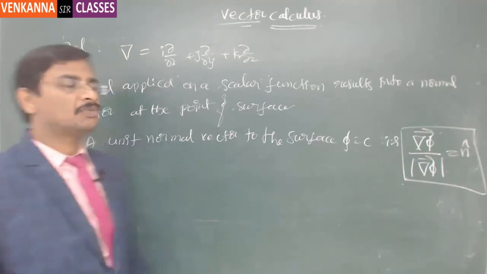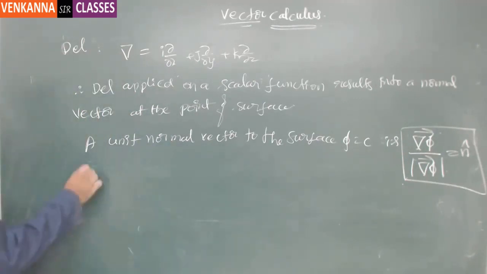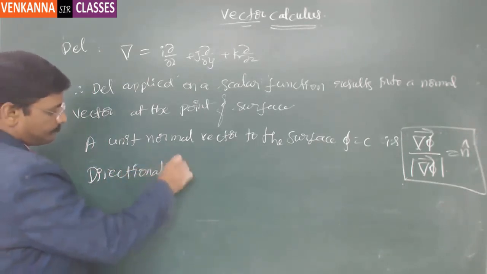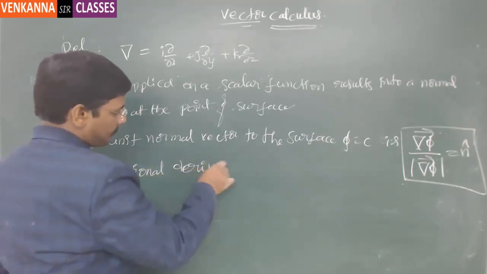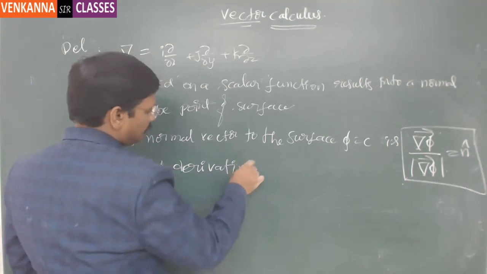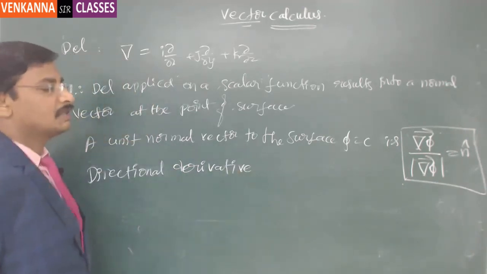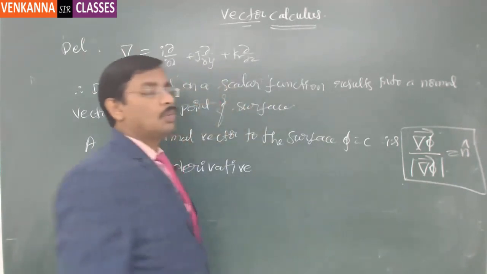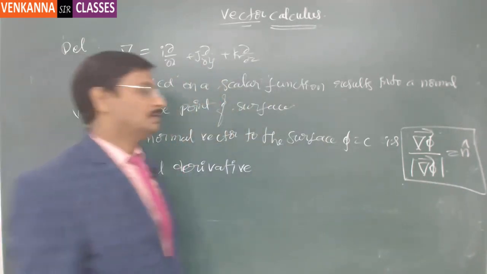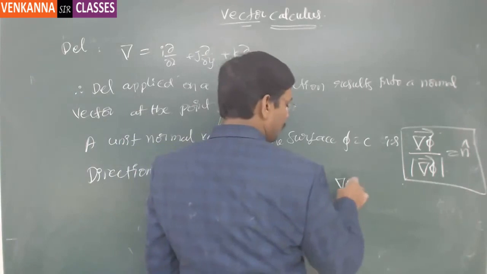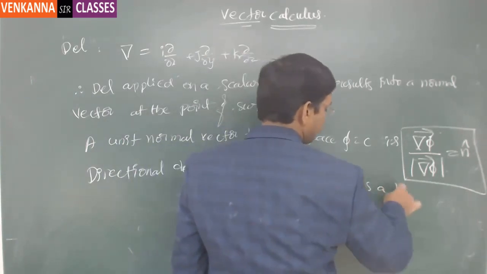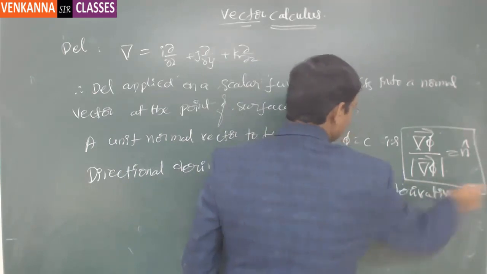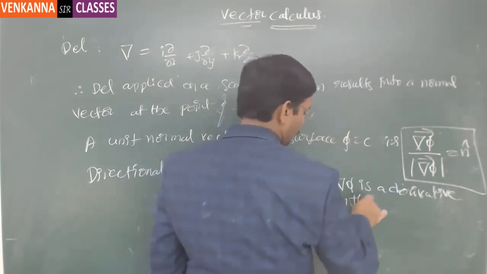And the other concept involved in this is the directional derivative. The directional derivative is, given a direction, what is the derivative value for that particular direction? Here del phi is a derivative in the normal direction, obviously.